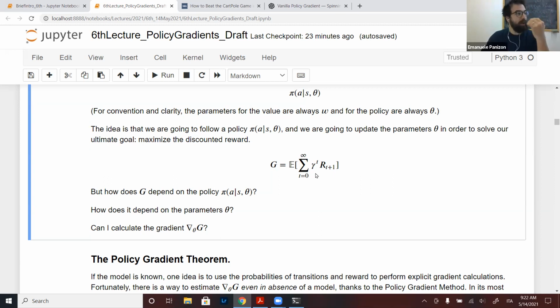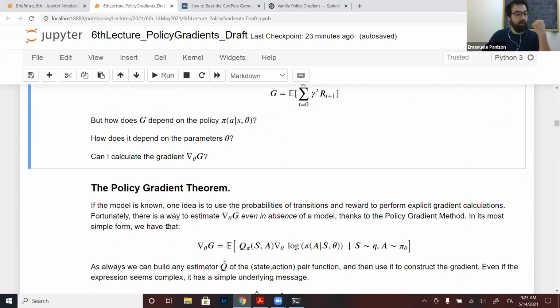So now we have to understand how to connect the policy directly with this ultimate goal. The question is how this goal depends, analytically and mathematically, on the policy, and therefore on the parameters theta. Essentially, it boils down to the question: can I calculate the gradient of this value G with respect to the parameters theta?